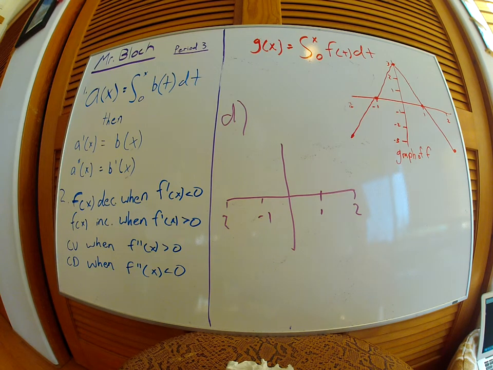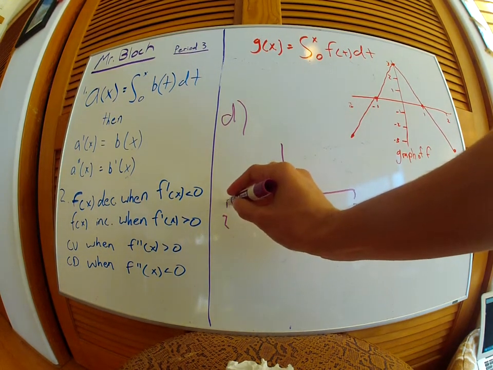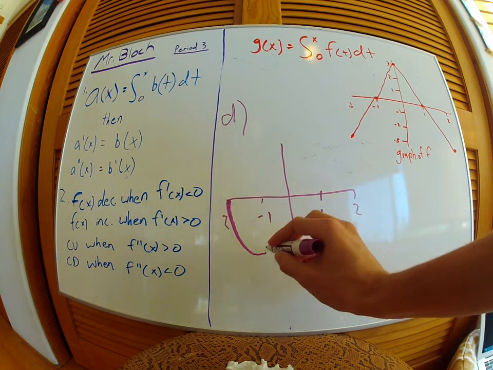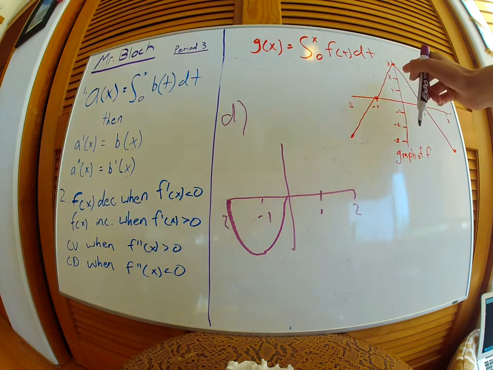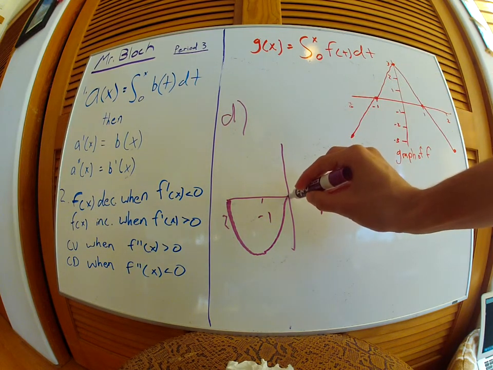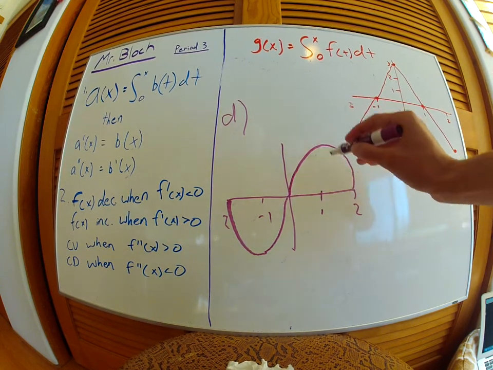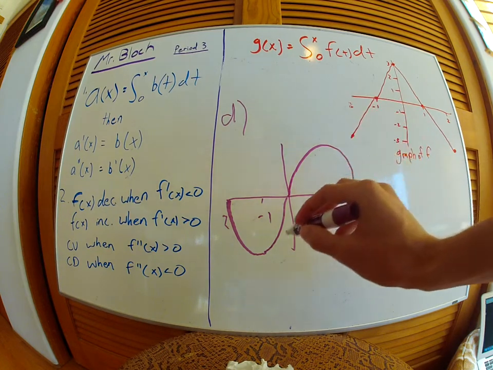There's going to be a 0 at negative 1 and a 0 at 1. Now we just need to find where those are going to be. If it's concave up from here to here, we can imagine it's going to look like that, with a slope of 0 there, going up. And then this is going to be concave down, so we can imagine it's going to look like this, with a slope of 0 there and there.